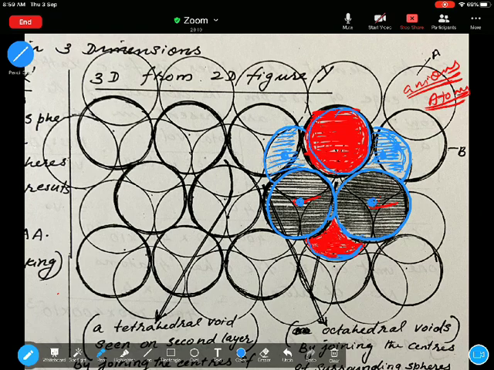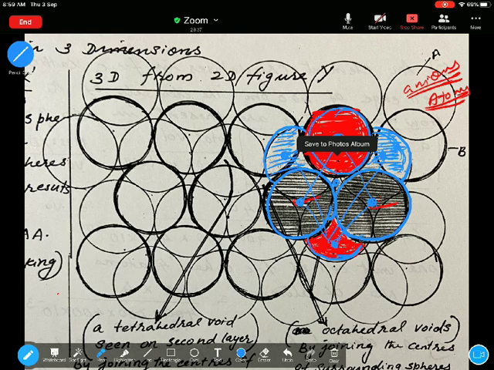You join the centers of these 4 balls, and to that you join the center of the top, and from the center of the bottom you join to the center of these 4 blue balls. So you will get an octahedron. So we call this void an octahedral void.